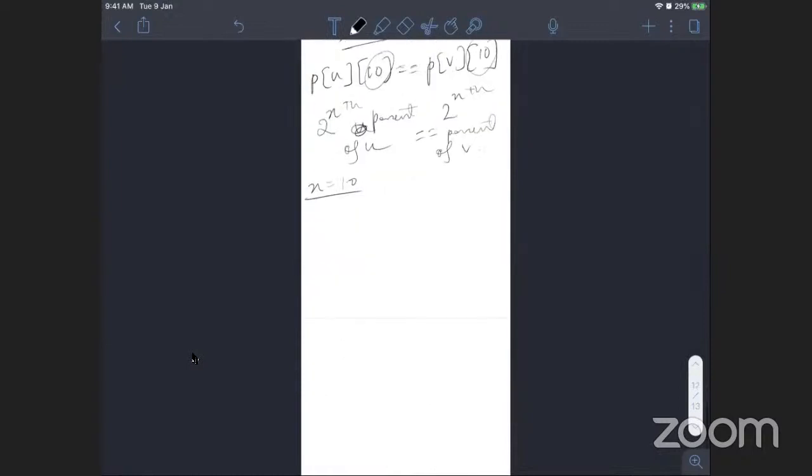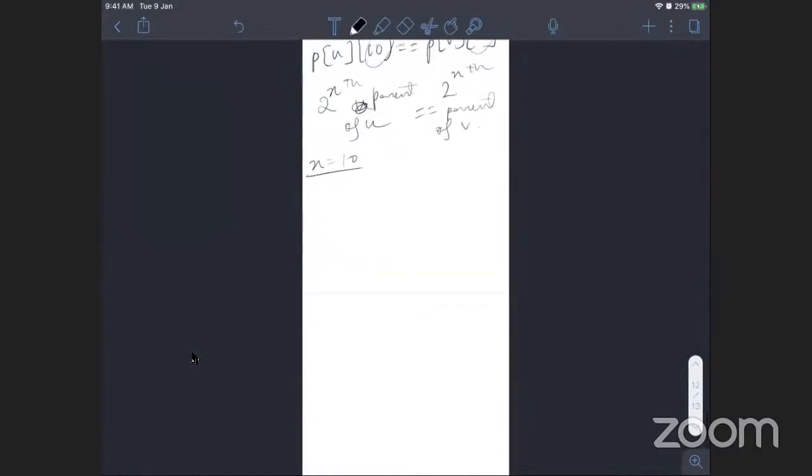So the property that you have is this. Let me define something. Let's define F(U,H) as the Hth parent of U. So F(U,0) is something, F(V,0) is something, F(U,1) is something, F(V,1) is something.